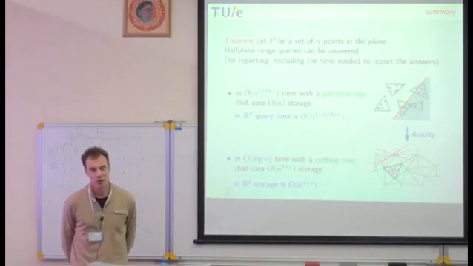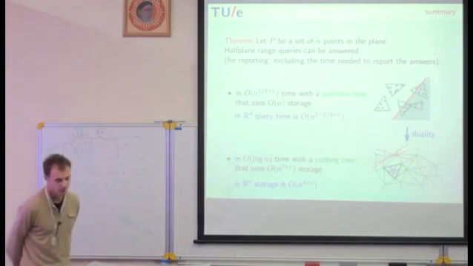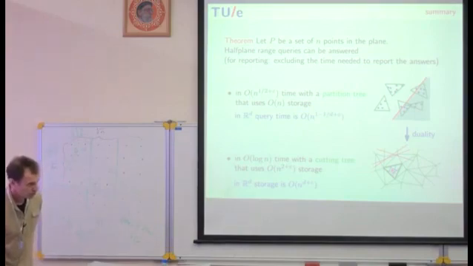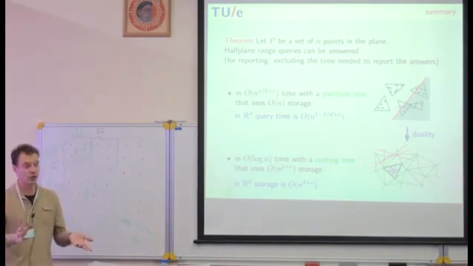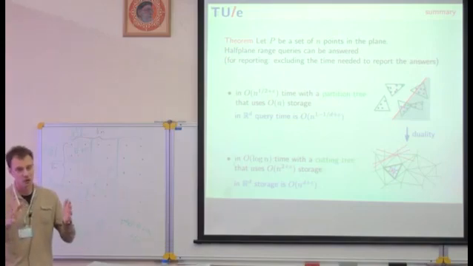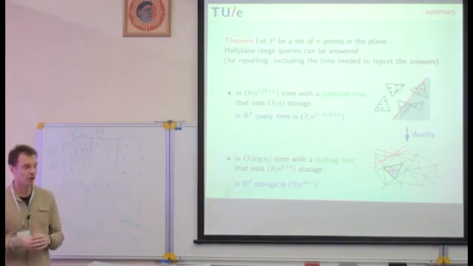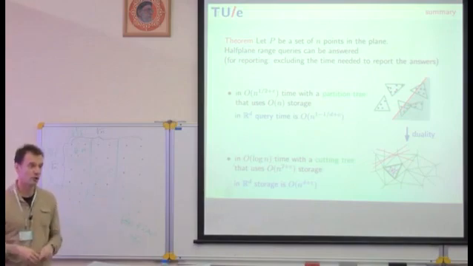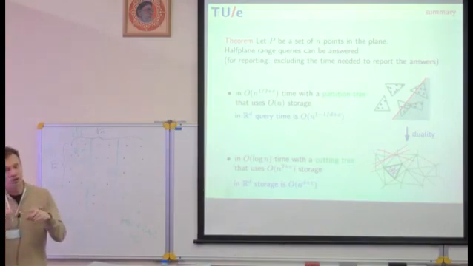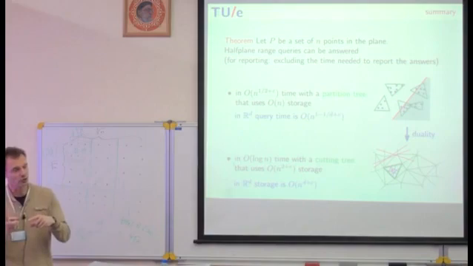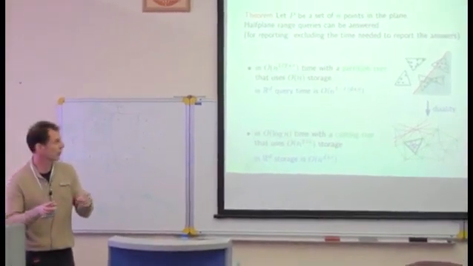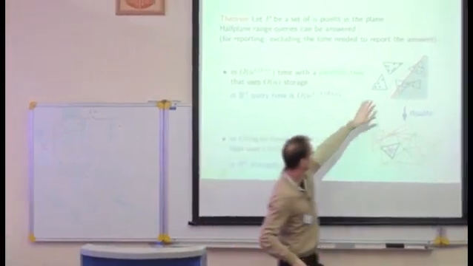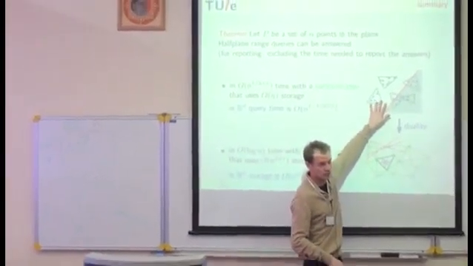In general, it's okay if you use squares, but then it's not always possible to get the same bounds. It's slightly easier to see if you think about the simplicial partitions. There, instead of triangles, you could also use squares.